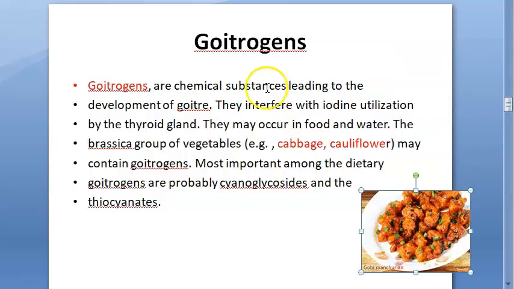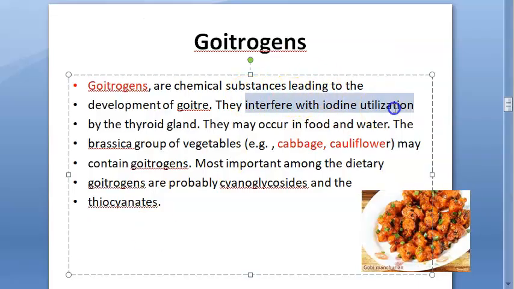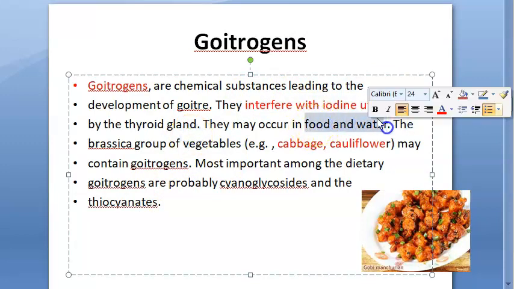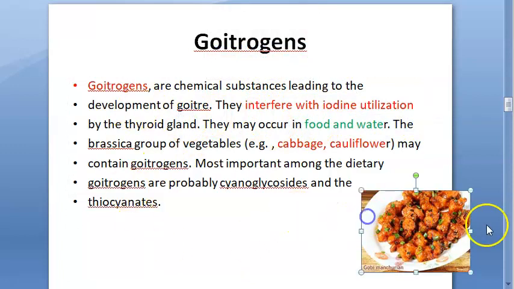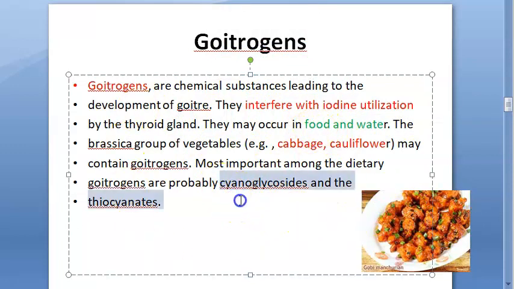They interfere with iodine utilization. How sad, whatever you eat and drink can have goitrogens, like cabbage and cauliflower. Mainly the chemicals are cyanoglycosides and thiocyanates. You can remember cyanates, all these. Did you understand, guys?